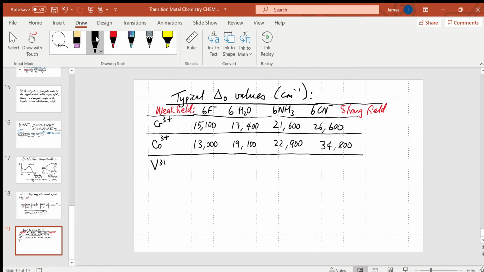Vanadium 3 plus, 16,100, 18,500. I don't have any data on that one. I have 23,400. Right, let's get a few more of these and then we'll see if we can identify any trends in the data.